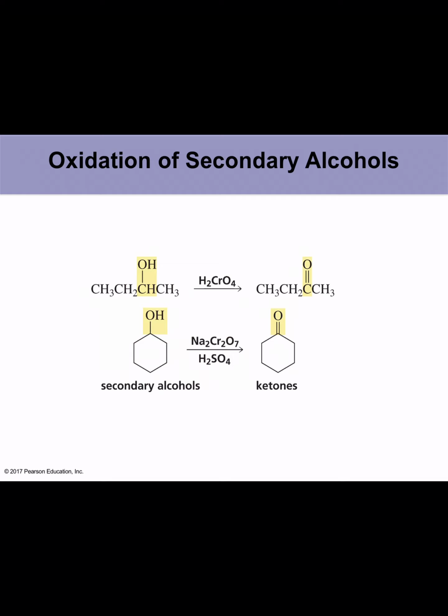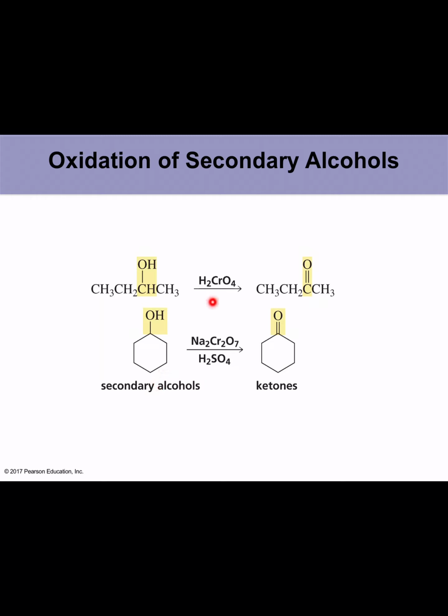Okay, so we have talked about the substitution and elimination of alcohols. Now let's talk about oxidation of secondary alcohols. So what happens if you do an oxidation? We can use these reagents to do oxidation on alcohols.